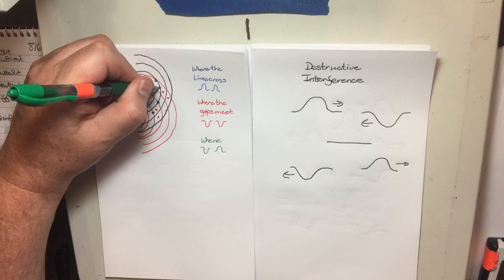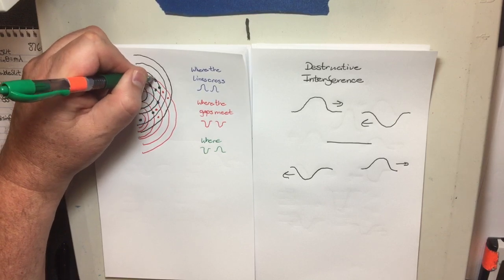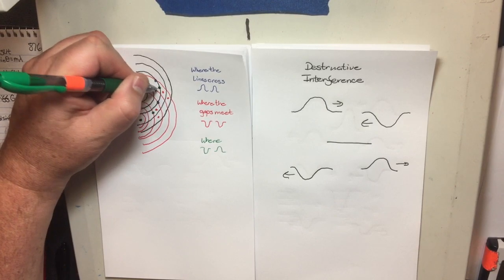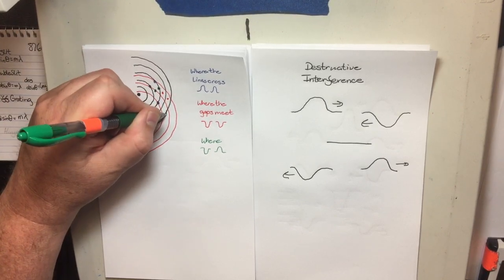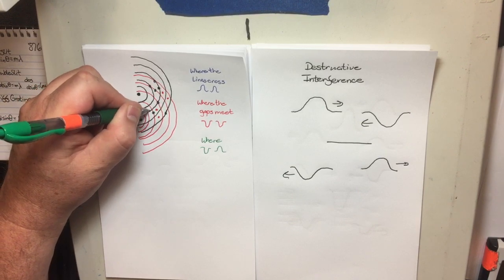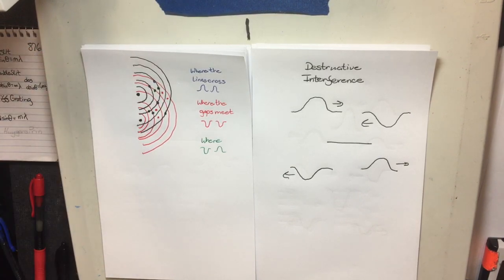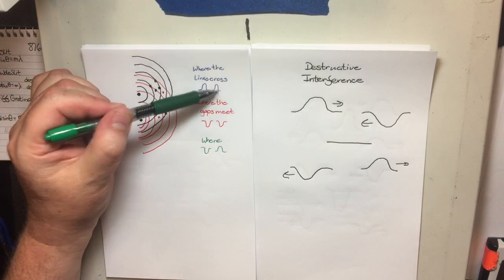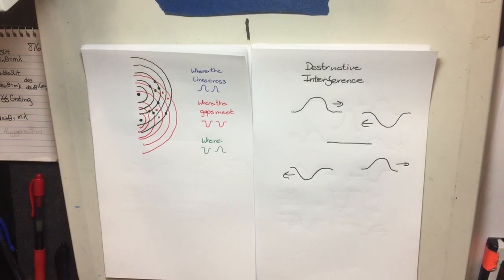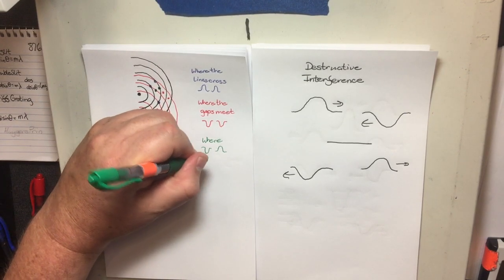So that could be, you're on a peak of this wave, but you're between the red wave, so that's a peak meeting a trough. They're all over the place. You've got to be on one line, but in the gap of the other. So this is line, gap, but a line gap, that's where destructive.